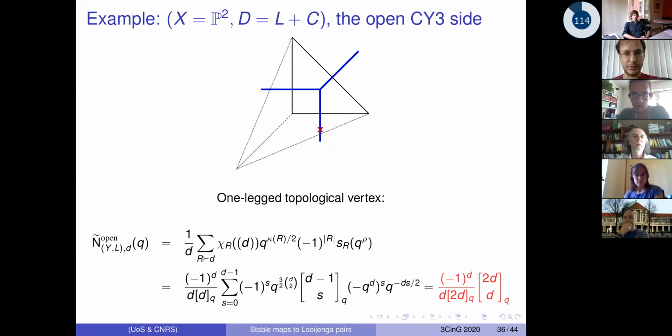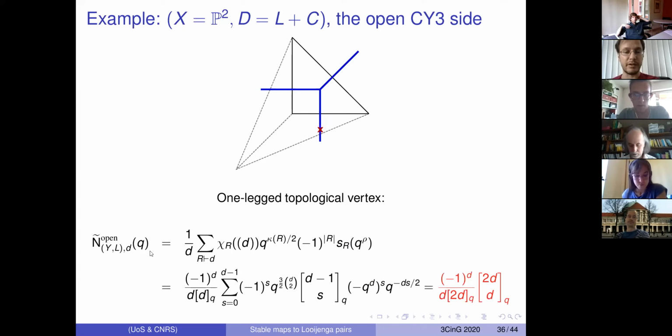And if you've seen a topological vertex calculation in the past, the Harvey-Lawson setup is just C3 with one Lagrangian. And so the one leg topological vertex is just given by a Schur function in the principal stable specialization, S_R(q^rho).